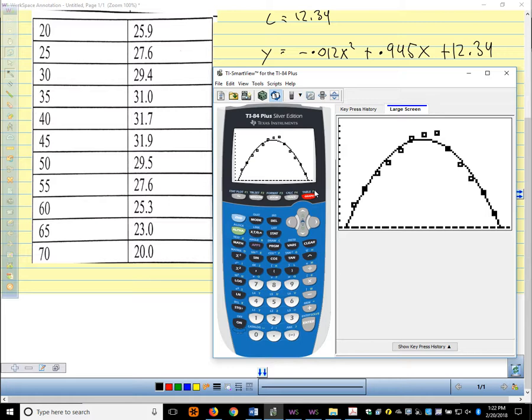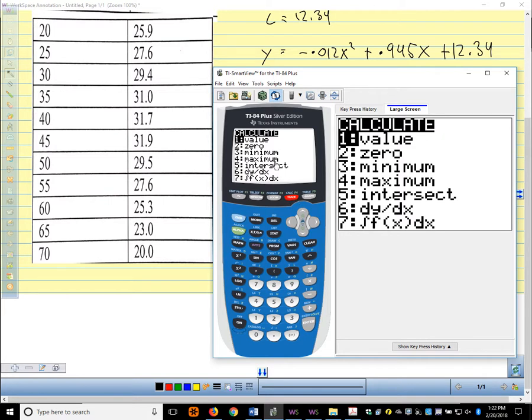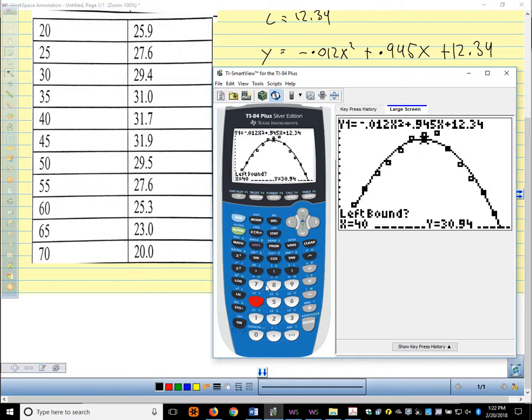So we're going to let the calculator find that maximum. I'm going to do second trace, so this calculate. And one of your options is maximum. And it asks you for a left bound. So that means put this little flashing cursor a little bit to the left of what it seems like is at the very top. And hit enter.